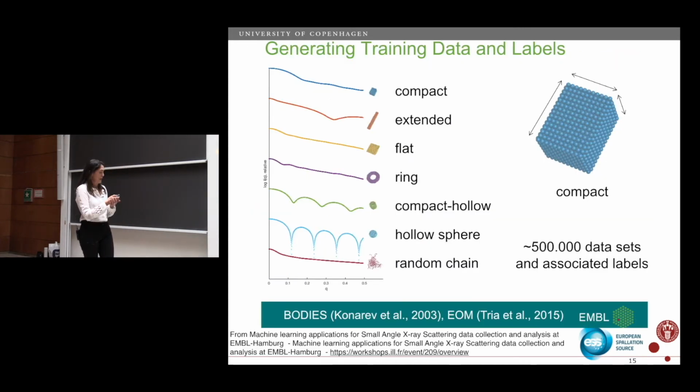So what is happening now, this comes from a workshop that was at the ILL last year, and that is something that is being developed at EMBL and in Hamburg. And what these guys did is that they used some machine learning algorithms. I wasn't in the meeting, so John told all that to me, but this is also online and you can go and listen to these talks. So what they did is that they used some machine learning algorithms to predict the shape of the curve they would measure.